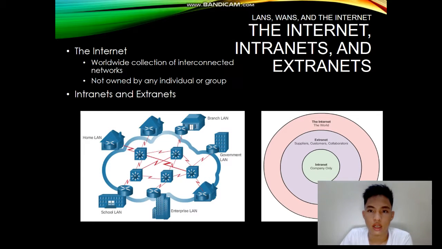The intranets and extranets, and the internet. The internet is a worldwide collection of interconnected networks, not owned by any individual or group. An intranet covers the company only, and an extranet covers the suppliers, customers, and collaborators. The internet covers the whole world.